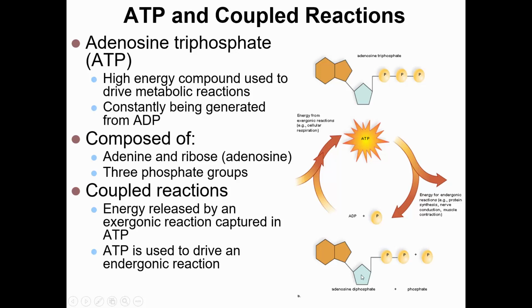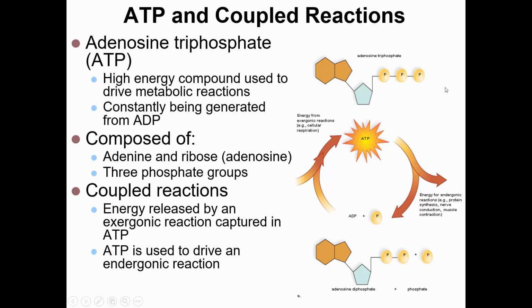Then the problem becomes, well, eventually we're, of course, going to run out of ATP. So somehow we have to get from down here, from ADP, back up to the top to ATP. So what we do then, of course, is to take energy from other exergonic reactions, and for instance, we'll provide a hint for what's coming up in Chapter 8. Cellular respiration represents a series of reactions that are exergonic, and they provide energy to take us from ADP back up to ATP.